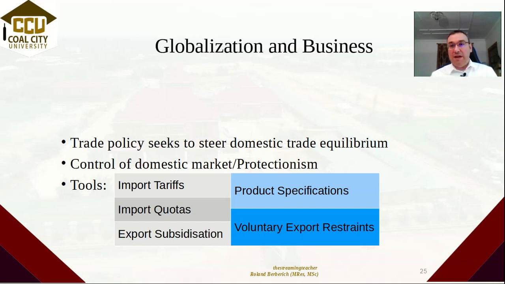For example, democratic society domestically, international trade, and there are limitations to what you can do. So you can look at the tools of trade or tools of protectionism, product specifically, or as voluntary export restraints.